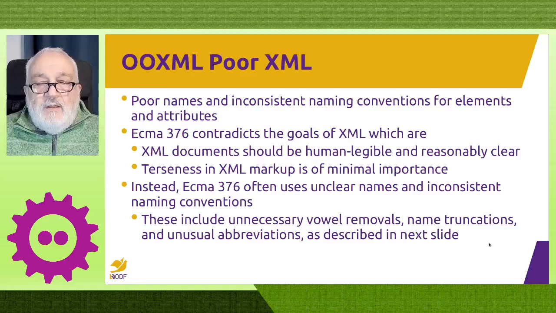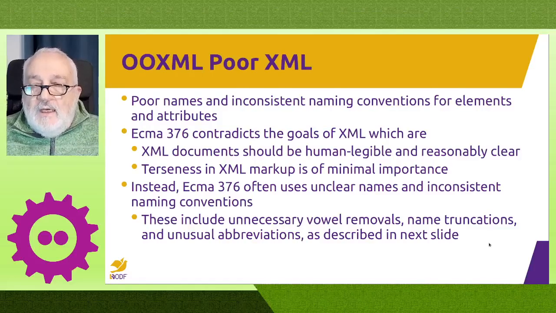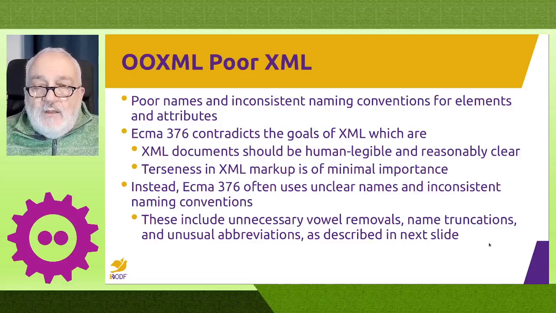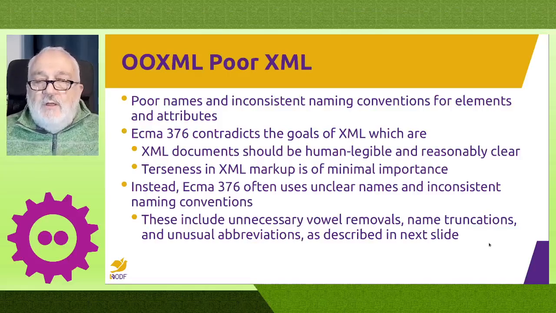The original version of Microsoft Office Transitional, which is still reflected in today's Microsoft Office Transitional, is going in exactly the opposite direction, to make XML not human readable and to make it terse, while this is not important.